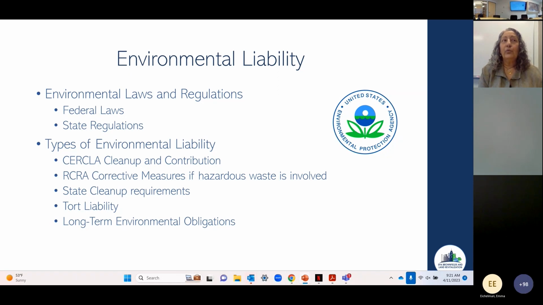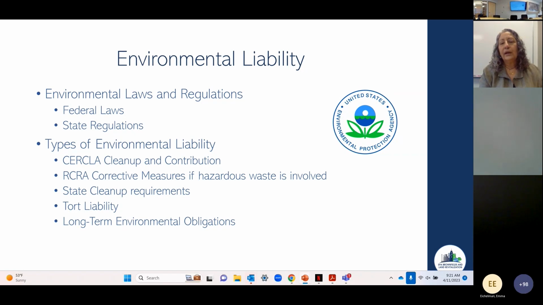If you are a RCRA site, in most cases, you are not eligible for brownfield funding. So, there are RCRA liabilities out there, but you will probably not be dealing with them if you're looking at a brownfield site. You want to understand the cleanup requirements and other forms of liability that extend beyond just the regulations and laws.